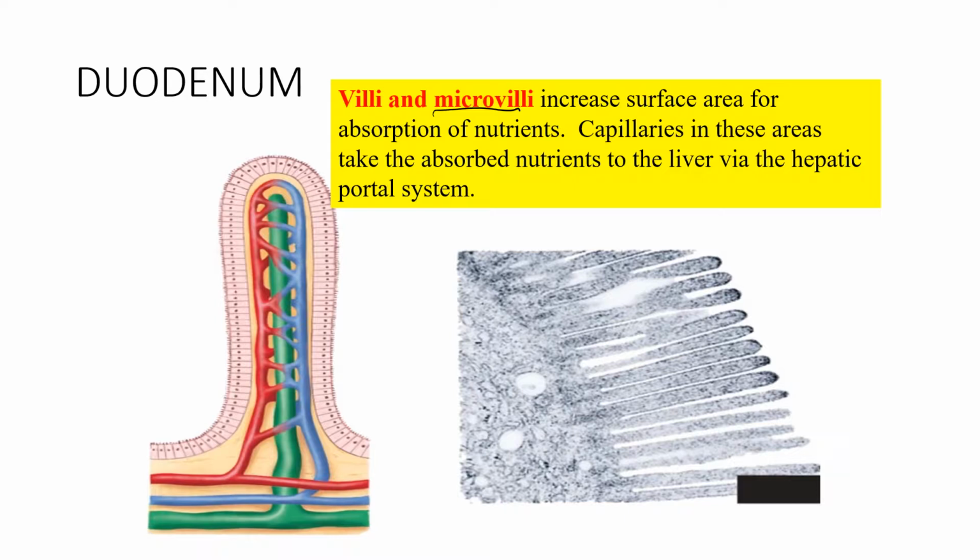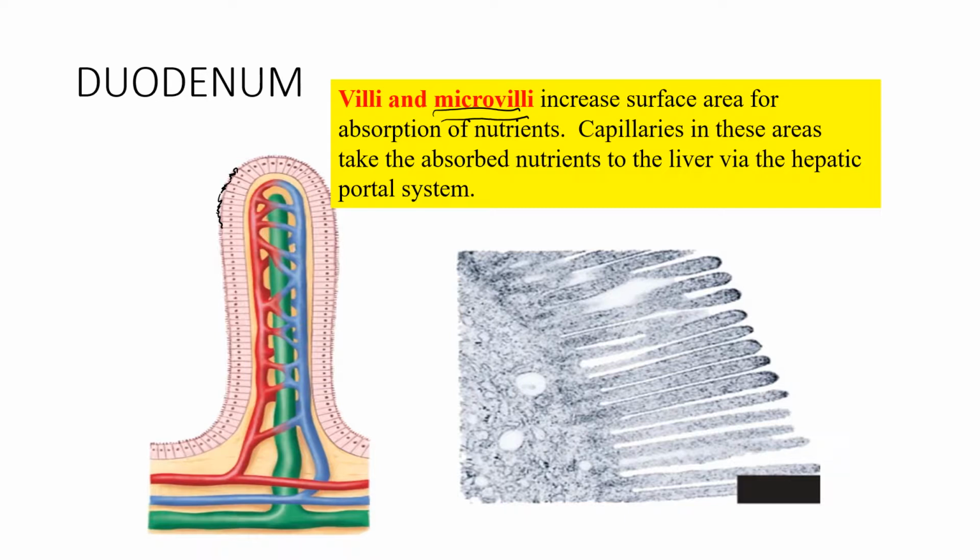Each individual cell in turn folds its cell membrane, creating what's called microvilli, further increasing the surface area for absorption and secretions. The total area of the small intestine, when the plica circularis, villi, and microvilli are accounted for, equals the surface area of a football field.